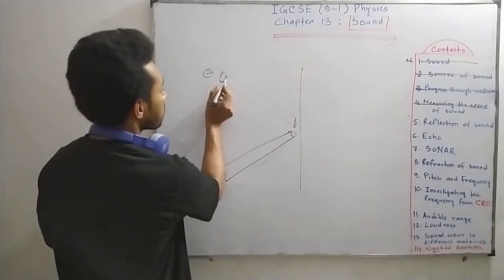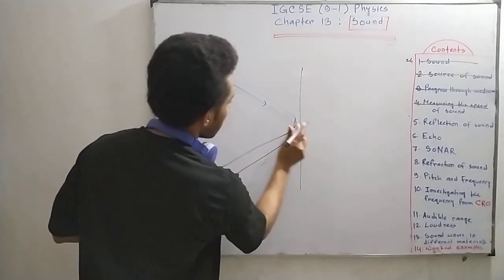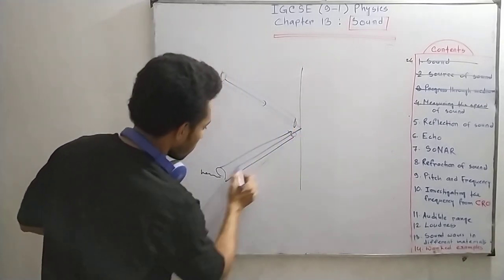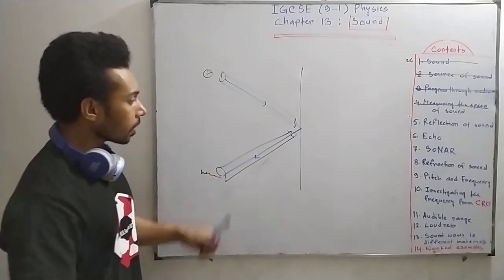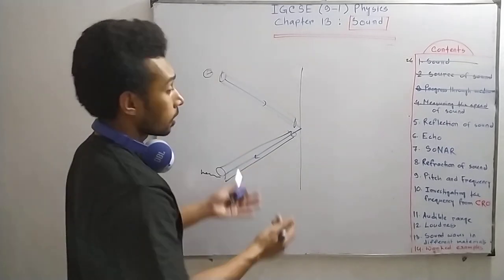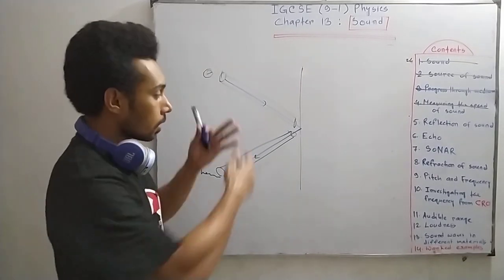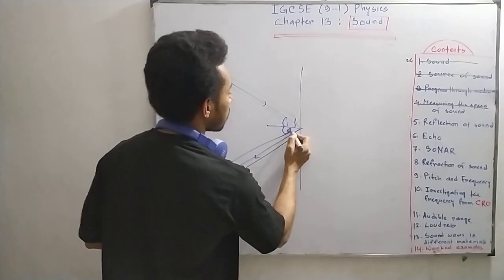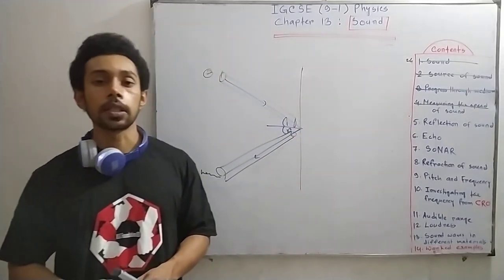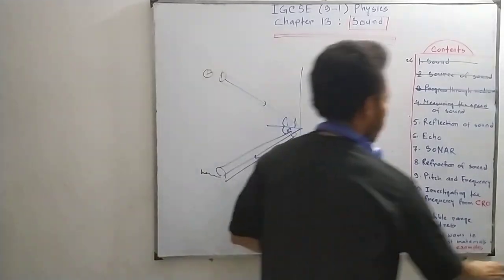The sound is traveling in this direction, being reflected from the surface. It changes direction and reaches your ear. And like other waves, in this case the angle of incidence is also equal to the angle of reflection. This is the law of reflection, you know.